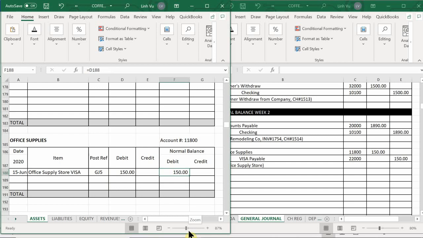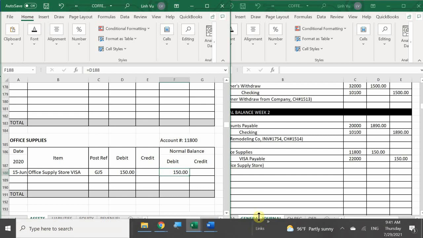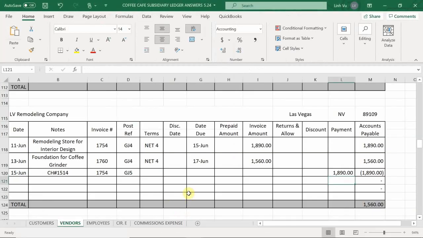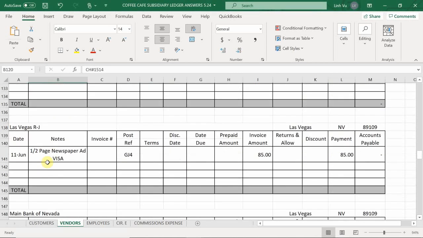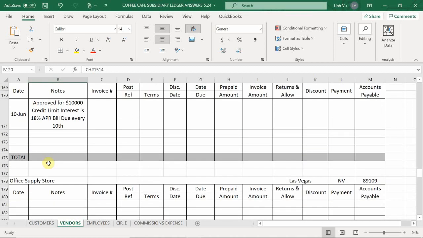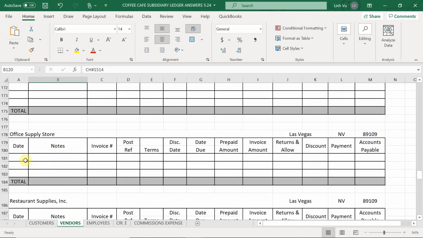And then we'll go to the subsidiary ledger, because what if I want to return my supplies? So office supplies, office supply store, LMNO, right here. I use the same notes, office supply, Visa.